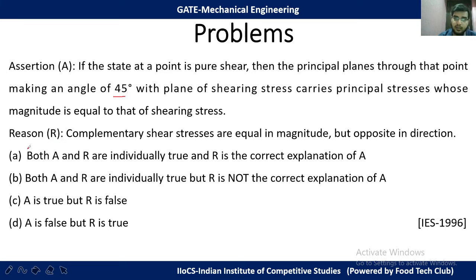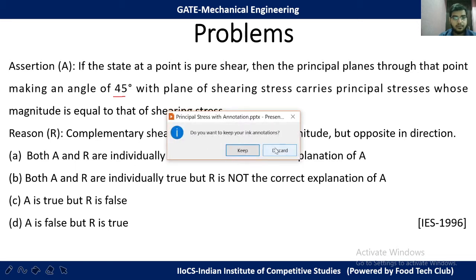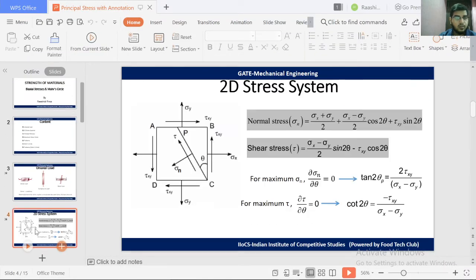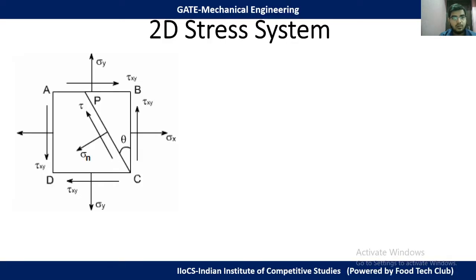But the reason given is that complementary shear stresses are equal in magnitude, but opposite in direction. If we note this statement, that complementary shear stresses are equal in magnitude, that is also true. What is complementary shear stress? This stress and this stress, these are called complementary shear stress.